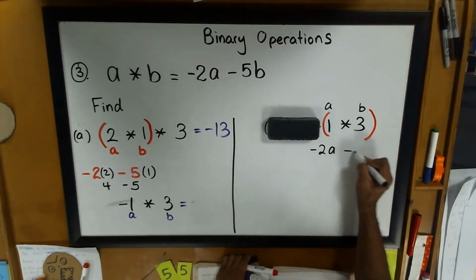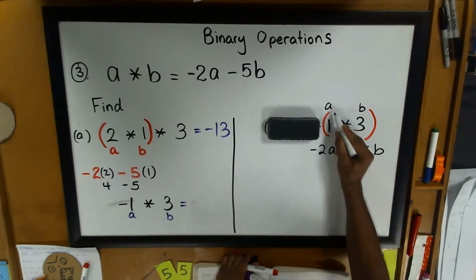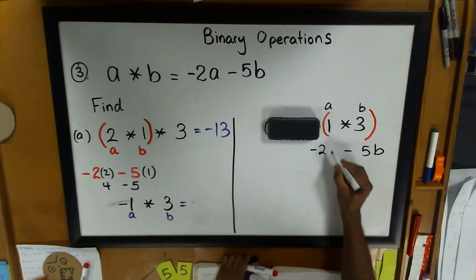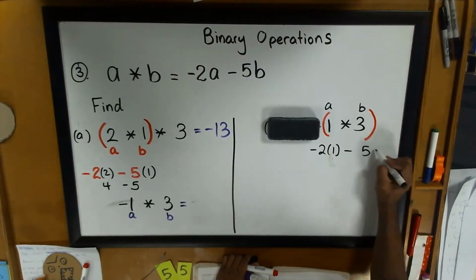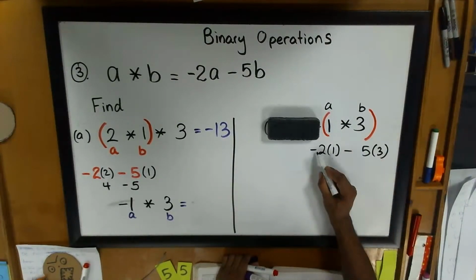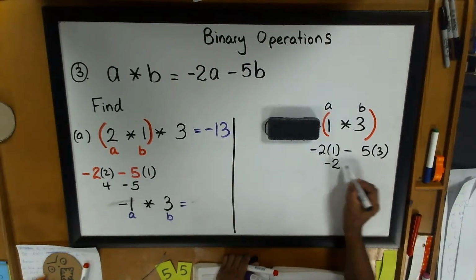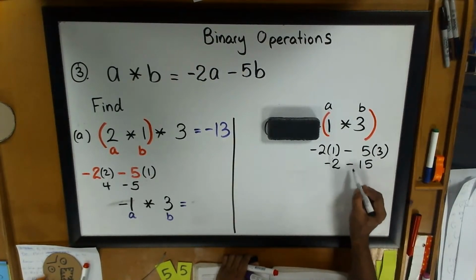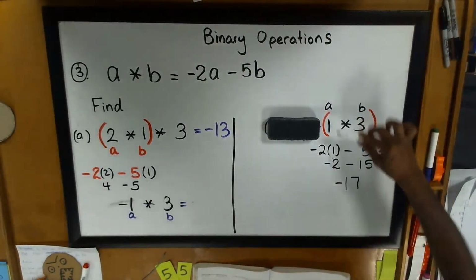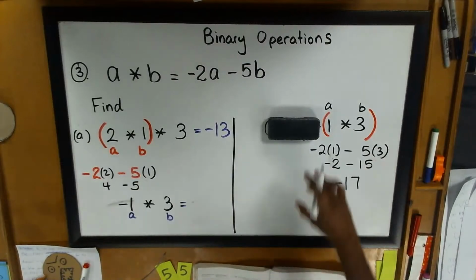Minus 2A minus 5B. Anywhere you see an A, we can replace it with 1. Anywhere you see a B, you can replace it with 3. Minus 2 by 1 is minus 2, and then 5 by 3 is 15. Minus 2 minus 15 is minus 17. So when we work out the brackets, we get minus 17.